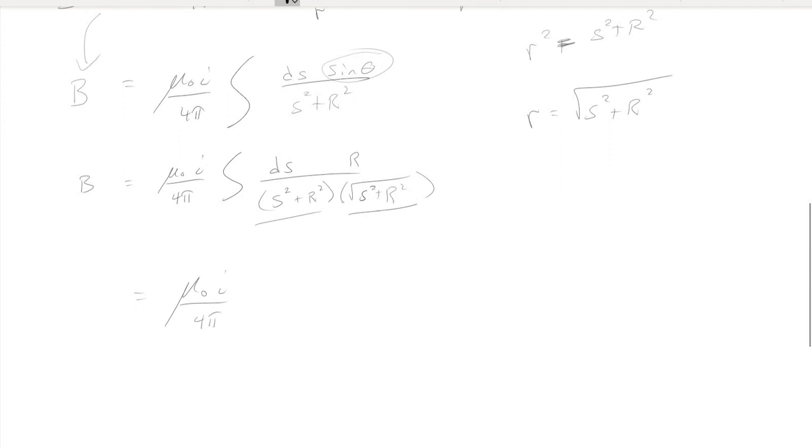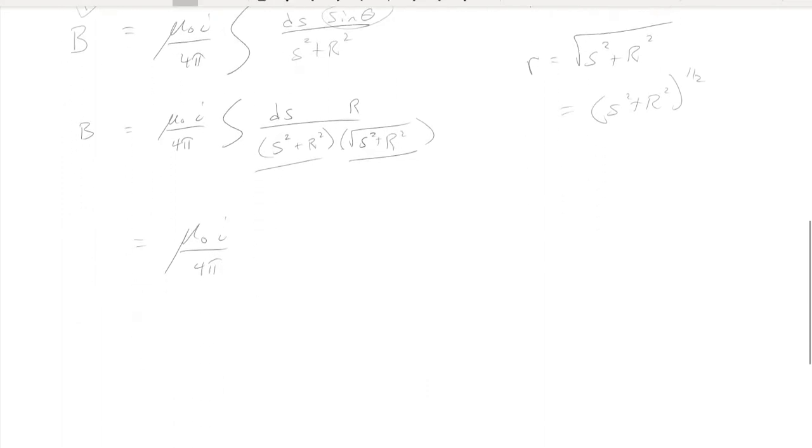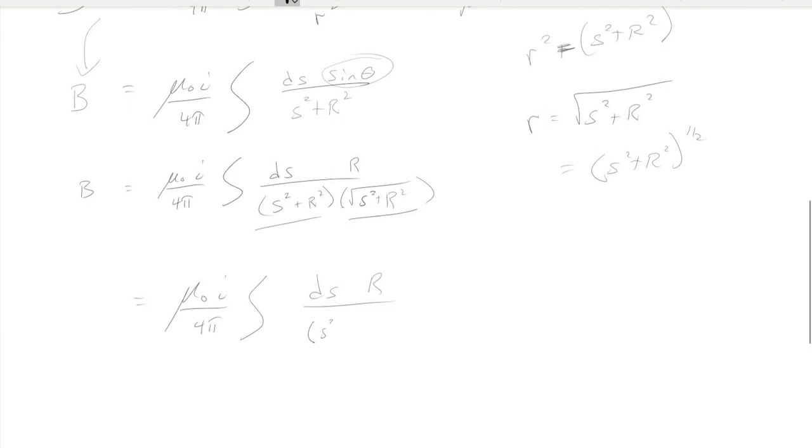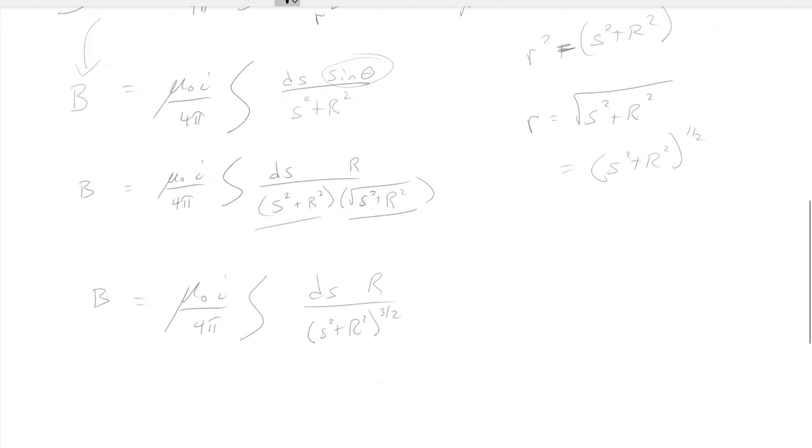Remember, roots can be rewritten as fractional powers. So here we have everything to the 1/2 power. This is s squared plus R squared, technically to the first power. And so what we have now is ds big R all over s squared plus R squared to the 3/2 power, B.